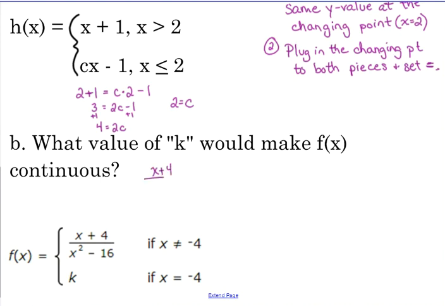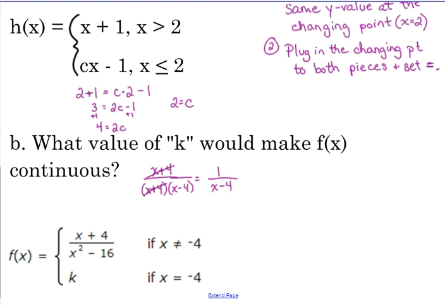The numerator doesn't simplify. The denominator is factorable. It's the difference of perfect squares. We can factor it into x plus 4 times x minus 4. When we do that, now we have a common factor that we can cancel.